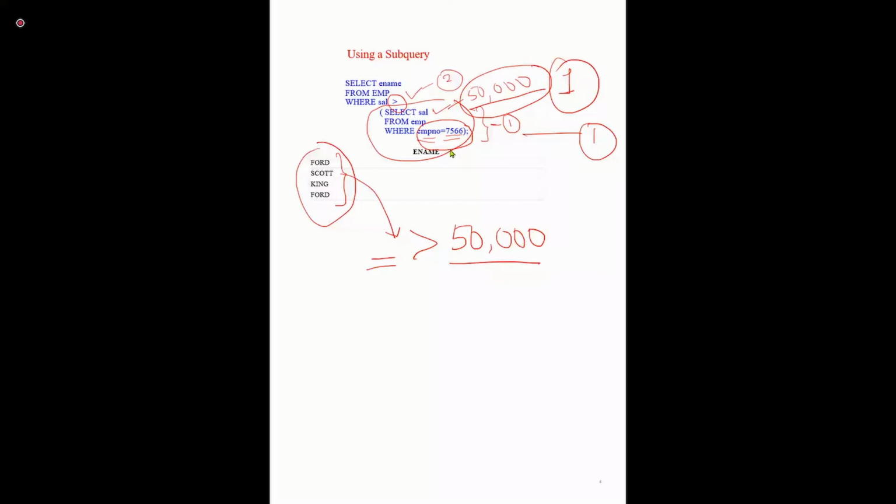We found the employees with more salary than that particular employee. This employee number 7566 has a 50,000 salary, and the list we have obtained is of employees having more than 50,000 salary. Understood? Any doubt within this?